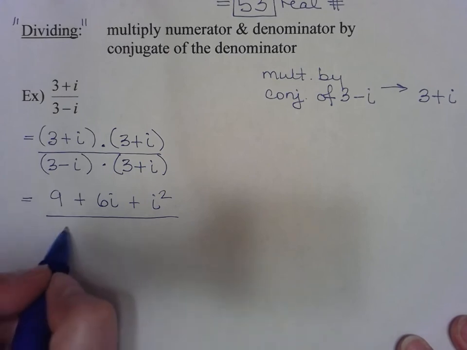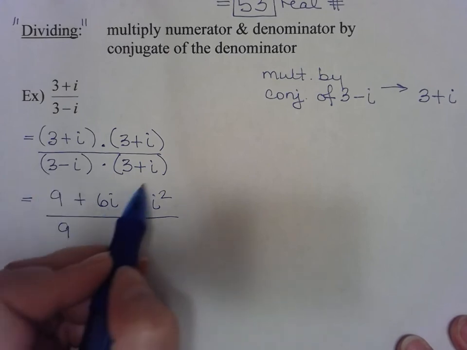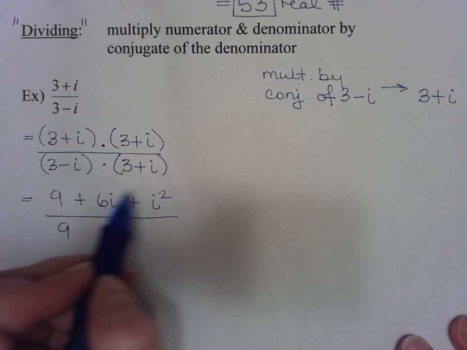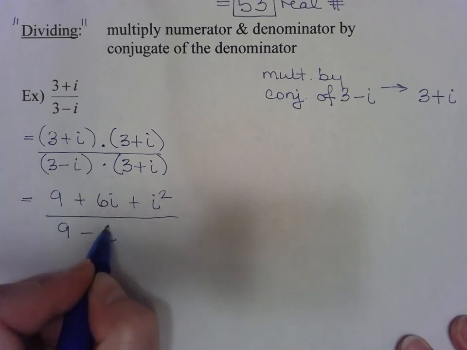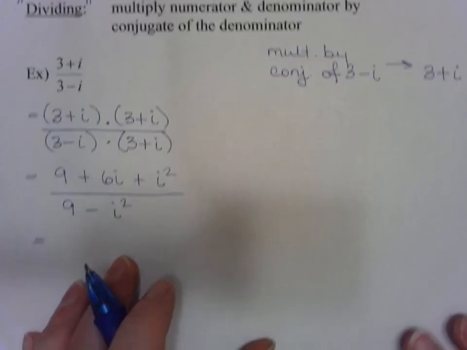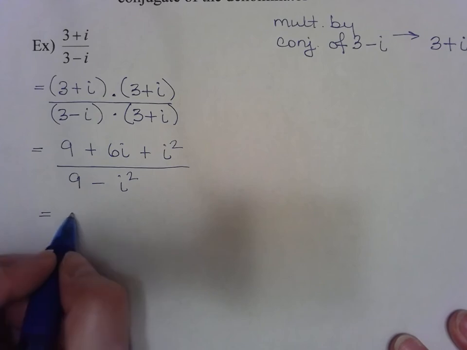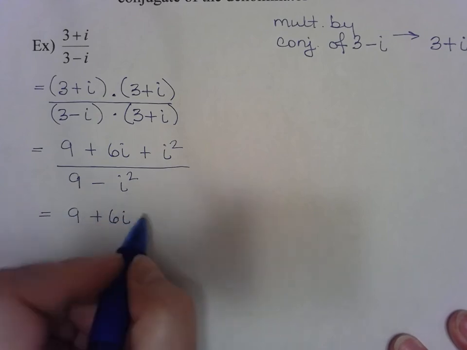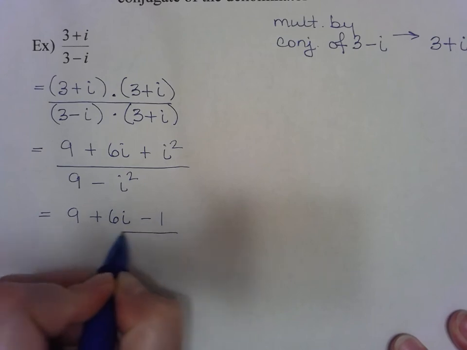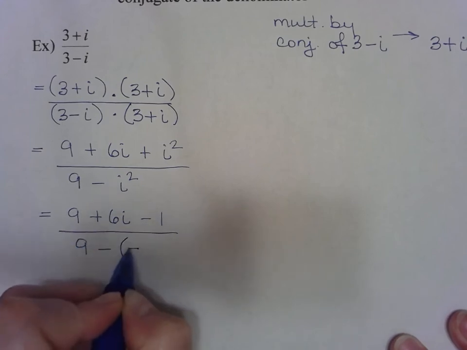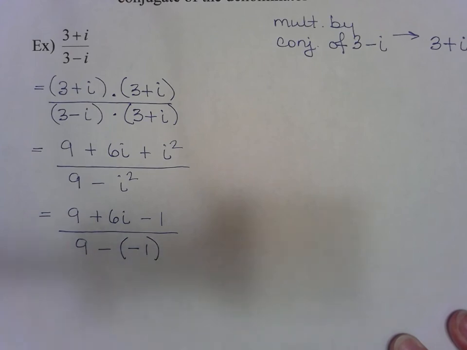In the bottom, I'll have 9 plus 3i minus 3i, those add to 0, minus i squared. So that's going to give me 9 plus 6i. i squared is negative 1. On the bottom, 9 minus i squared again, which is negative 1.